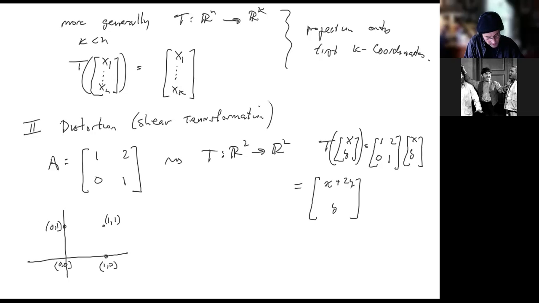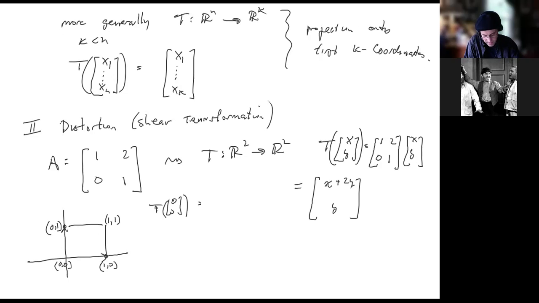And let's see what the linear transformation does to these vectors in the unit square. So what is T of (0, 0)?